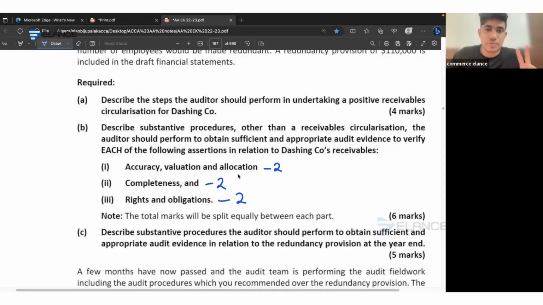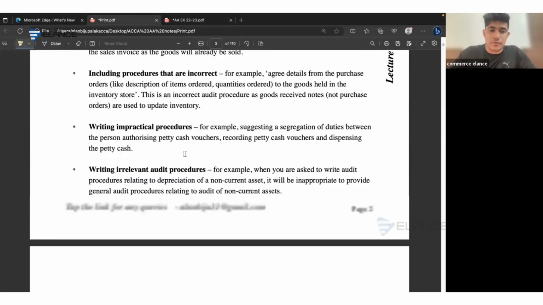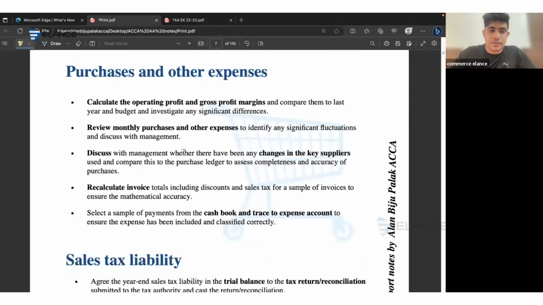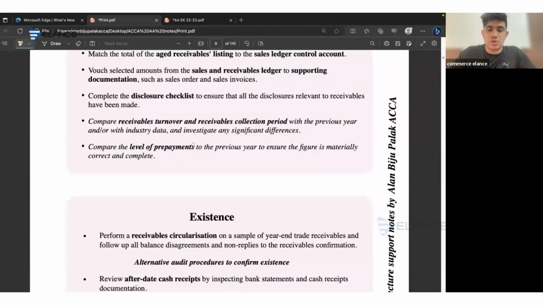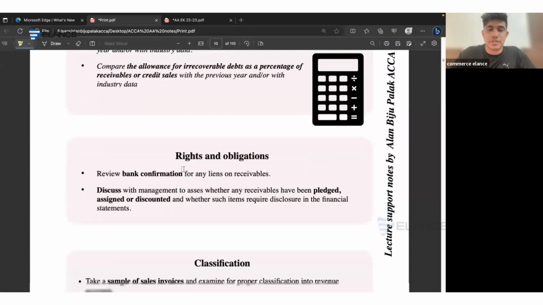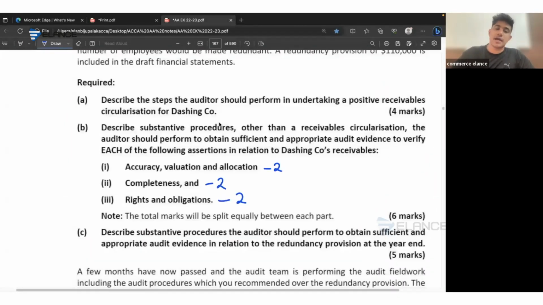You have to give 2 specific assertion-related points for accuracy, valuation, and allocation, 2 for completeness, and 2 points for rights and obligations. As we have already discussed, we have studied the receivables related points. So this is how we have to give answers for direct substantive. Is that clear, everyone?